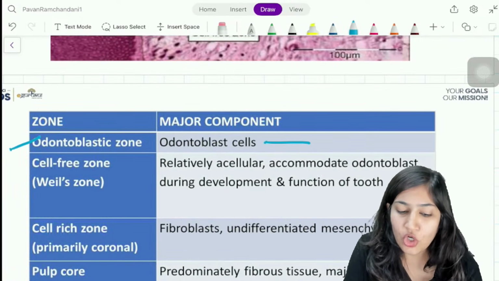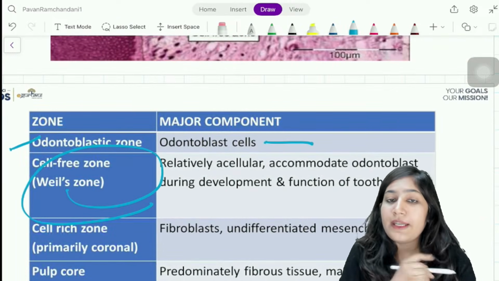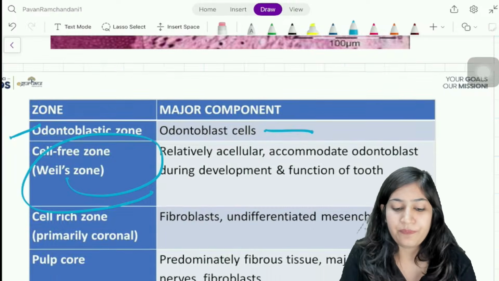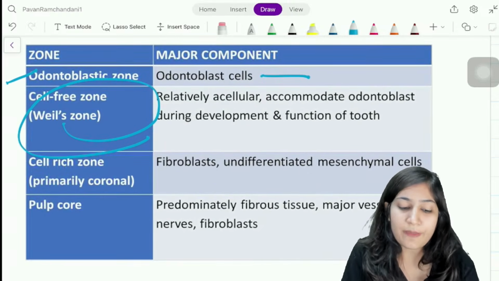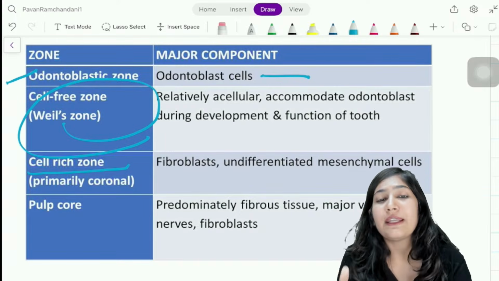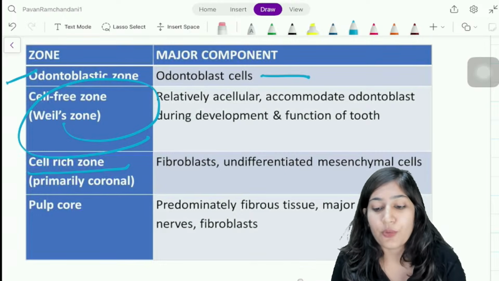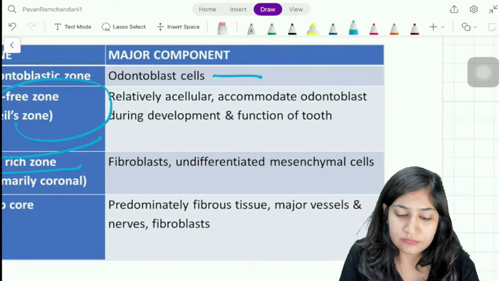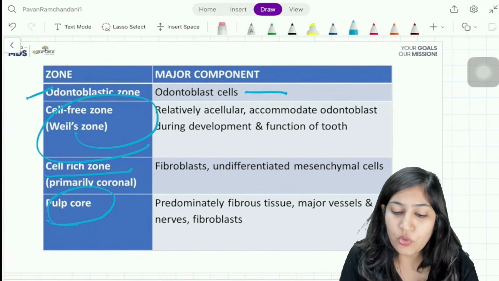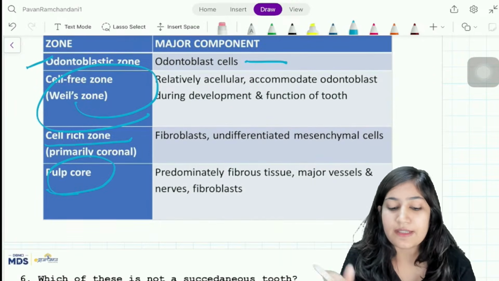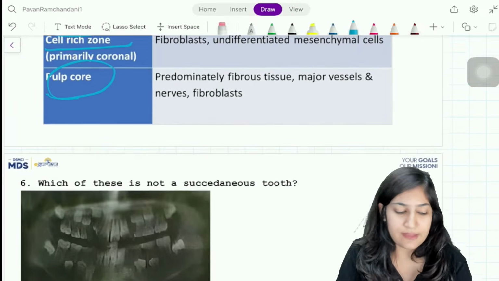Odontoblastic zone mainly has odontoblast cells. Cell-free zone mainly accommodates the odontoblast cell during the formation of dentin. Cell-rich zone mainly has undifferentiated mesenchymal cells which differentiate into fibroblast cells. Pulp core has blood vessels, nerves, and fibroblasts.